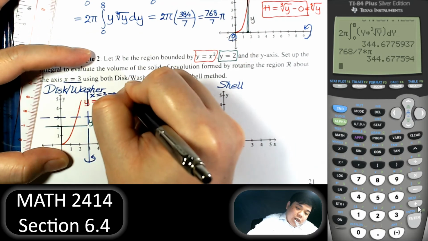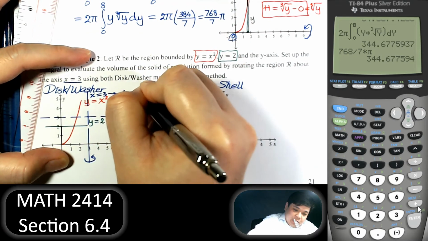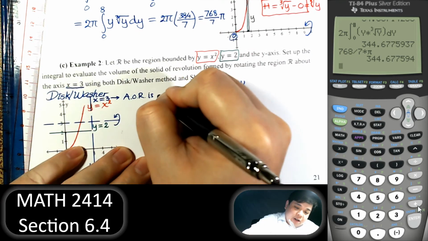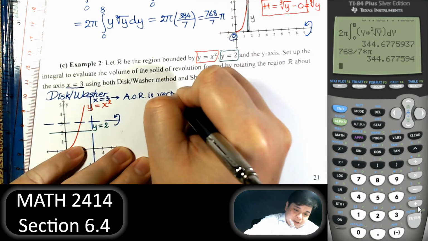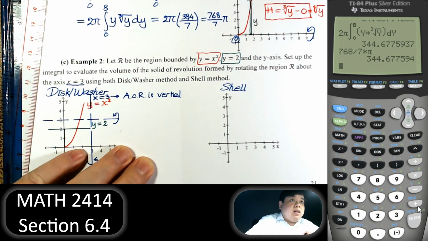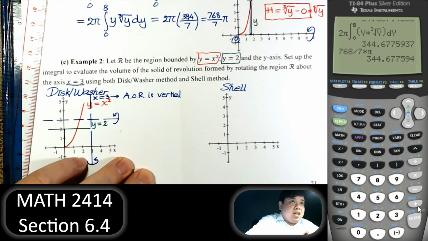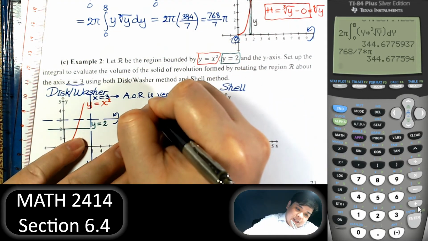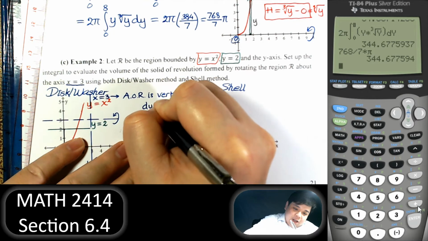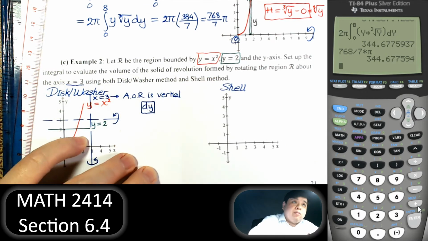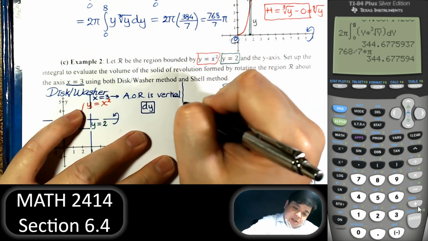Right. So x equal to 3, so the axis of rotation is vertical. So if we use the disk and the washer method, this is going to be also vertical. So we're going to have dy for the disk and washer method.